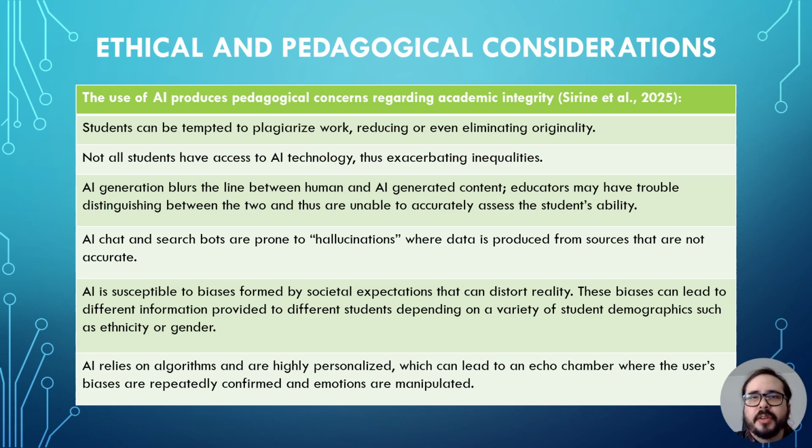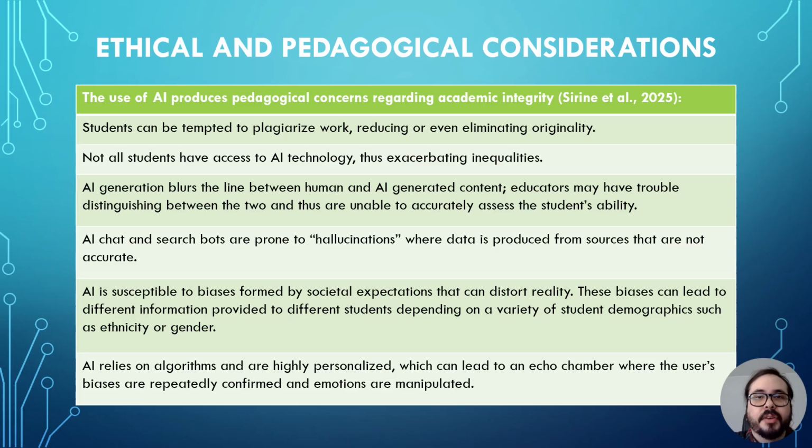So educators could have trouble distinguishing between the two, and they might not be able to accurately assess the students' abilities. AI chat and search bots are prone to hallucinations, where data can be produced from sources that are not accurate. AI can provide definitive conclusions without definitive evidence.